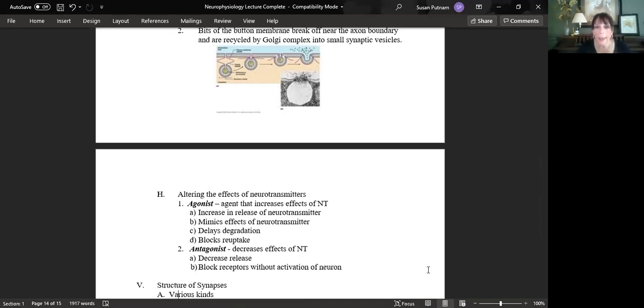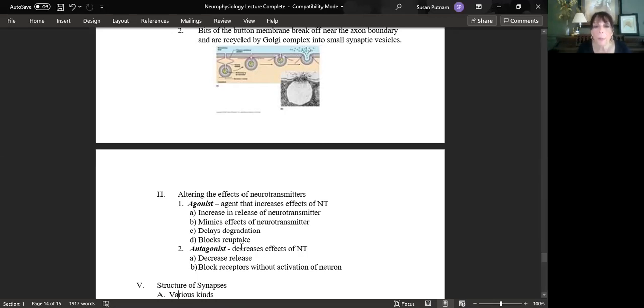Or it can serve to block reuptake. It can jump on those little transporters, those little elevators, and go, no, you're not getting in here. So those neurotransmitter molecules that might otherwise have jumped into that transporter and moved back up into the cell have to hang out in the synapse longer.